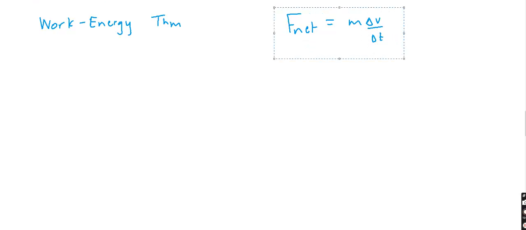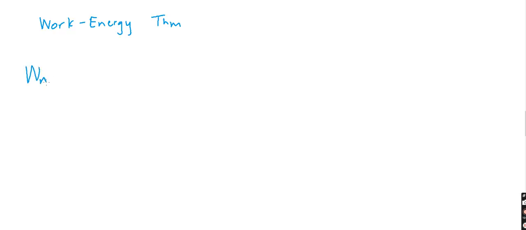I'm not going to get into the derivation in this lesson, but what I intend to show you is that the net work done on an object, the total work done on an object, is equal to the object's change in kinetic energy. Kinetic energy changes when there is a change in velocity. The only way we have a change in kinetic energy is when we have a change in velocity, right?